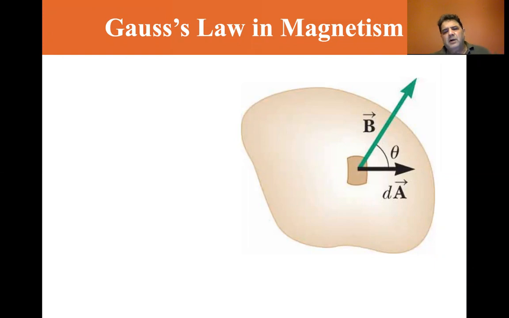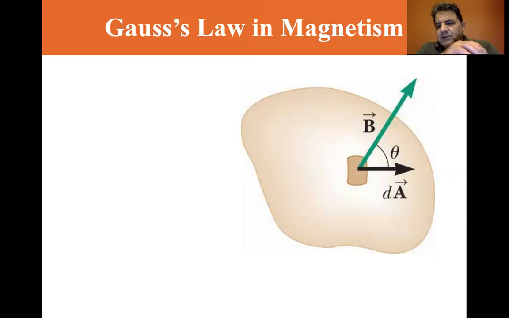If you recall, whenever we define an area or a dA or an area vector, the magnitude is equal to the area, but the direction is perpendicular to the surface of the area.